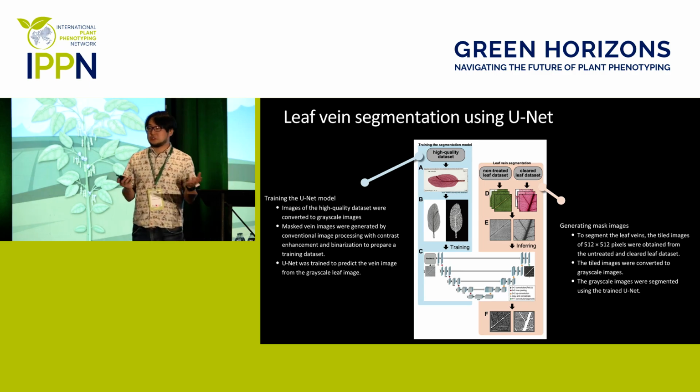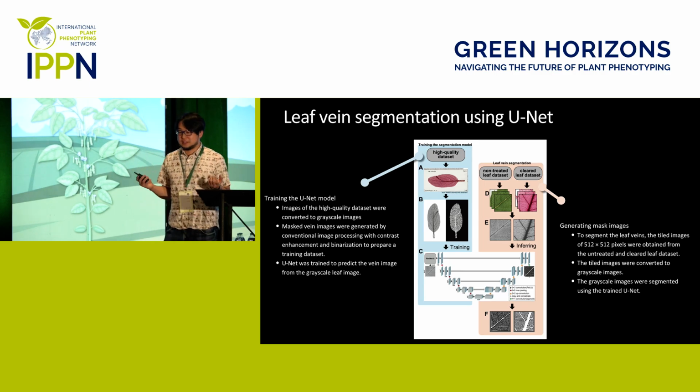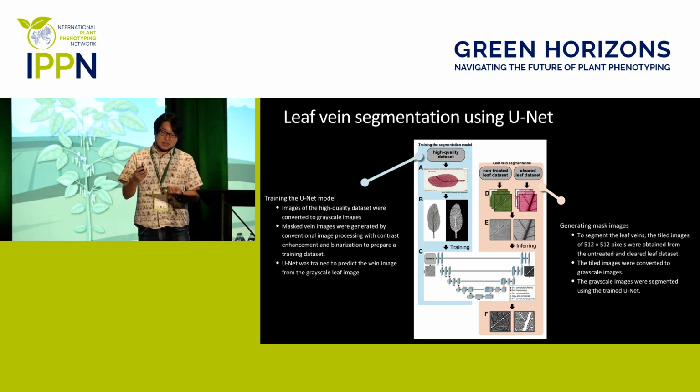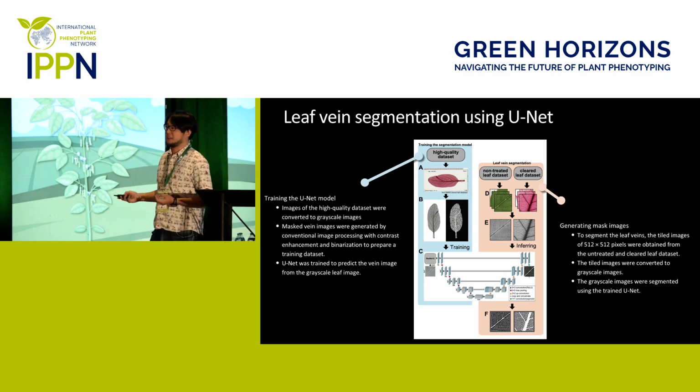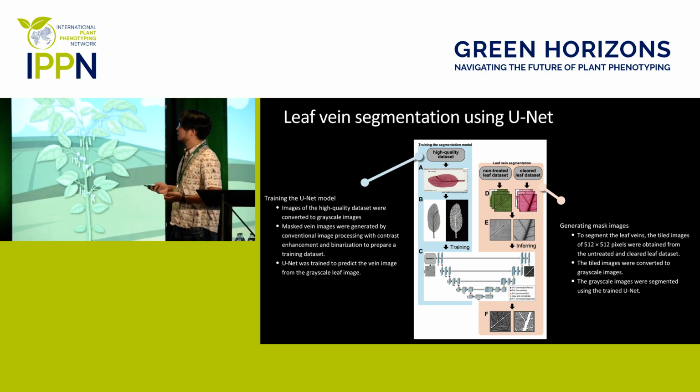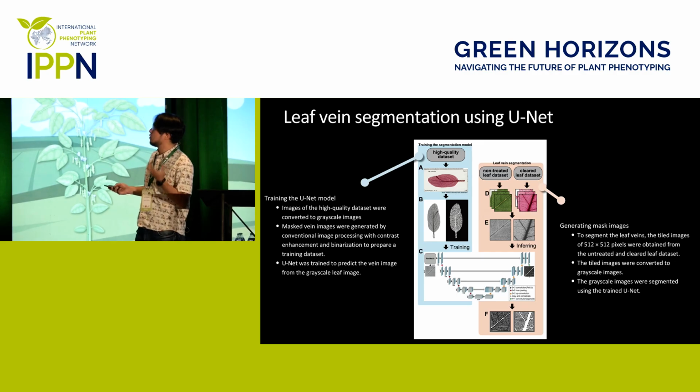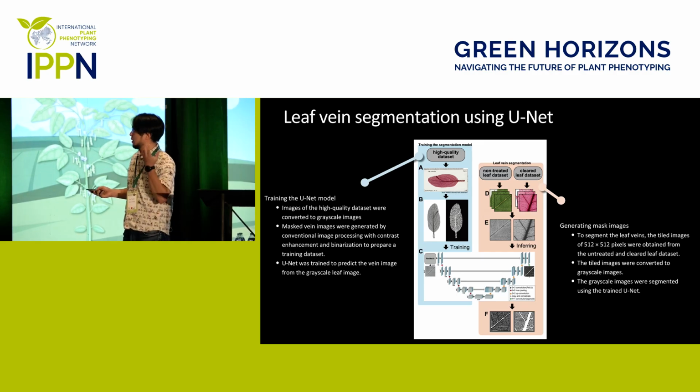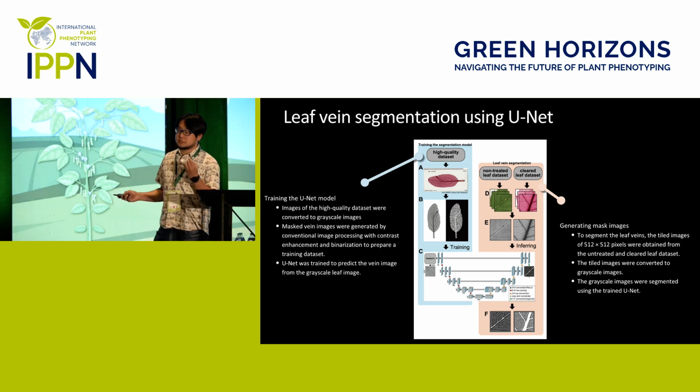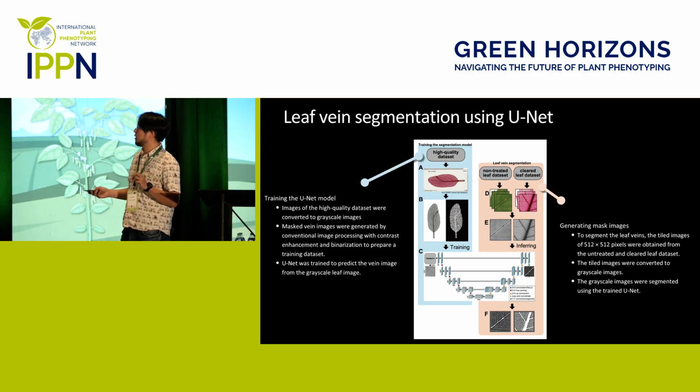Could you imagine the effort of manually annotating the leaf venation pattern? It's one of the nightmares for me. So we first select the good quality cleared leaf venation image data, then just apply conventional image processing to make a mask corresponding to the original images.